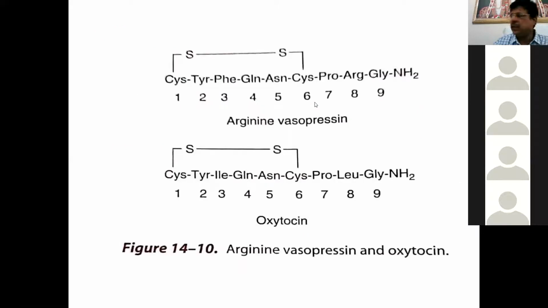The number is the same; it is the sequence of the amino acids which is different. You can see the first one is vasopressin in this slide, whereas the second one is oxytocin. Both have 9 amino acids. The only thing is the composition of the amino acids is different. And there is a disulfide bridge here, right?